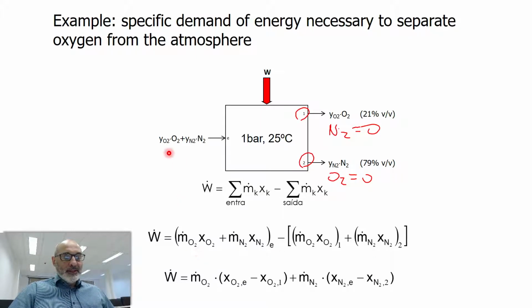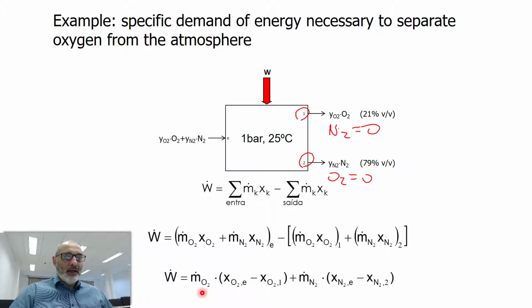Well, since the separation is a perfect, complete separation, if I have, let's say, 2 kilograms per second of O2 entering the control volume, the separation being perfect, I'm going to have 2 kilograms per second of oxygen here, okay? So the mass or molar flow rate is the same for each species.